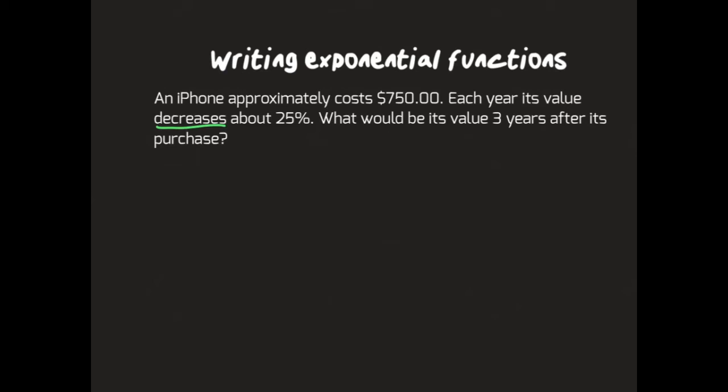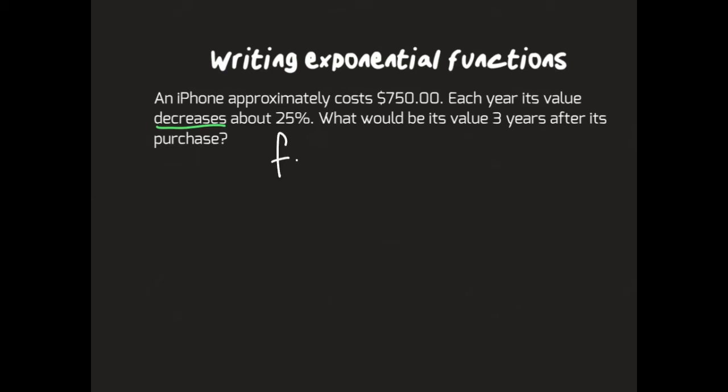Our iPhone is going to start losing a lot of value in the first years, but then it's going to start losing less value the older it gets. It's going to be a little more stable, if you want to see it that way. So first of all, I know that I have an exponential function.